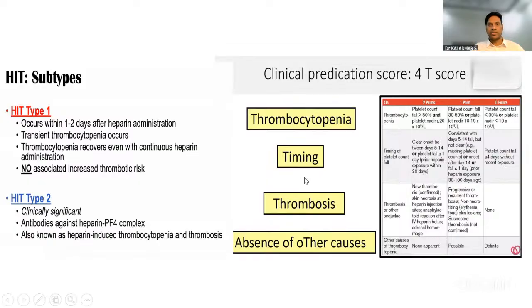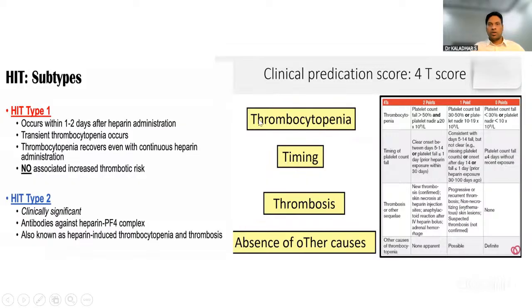What are the different HIT subtypes? Generally, when any patient has thrombocytopenia and is on heparin, we have to look at the clinical prediction score, the 4T score, to rule out heparin-induced thrombocytopenia.